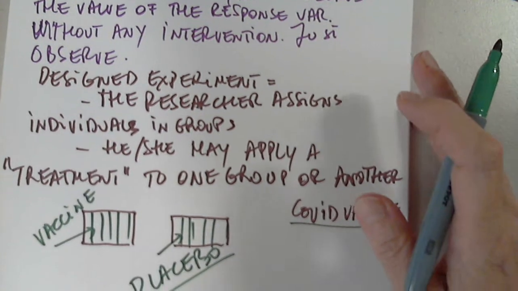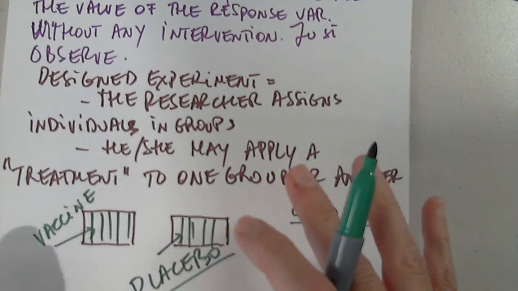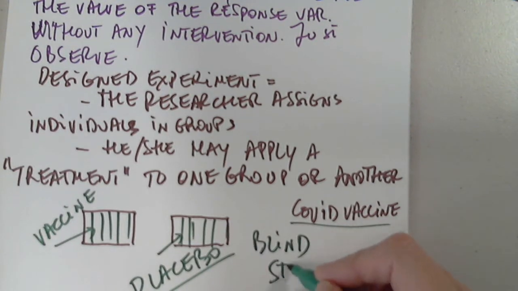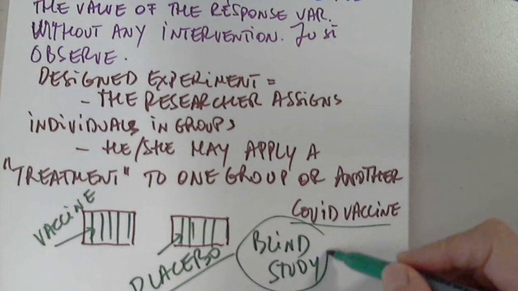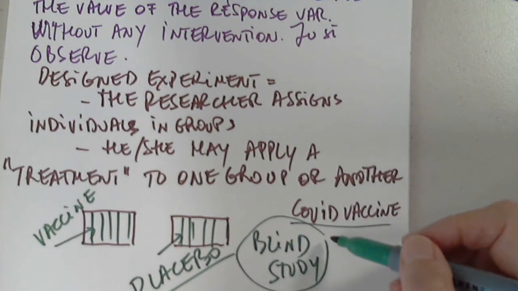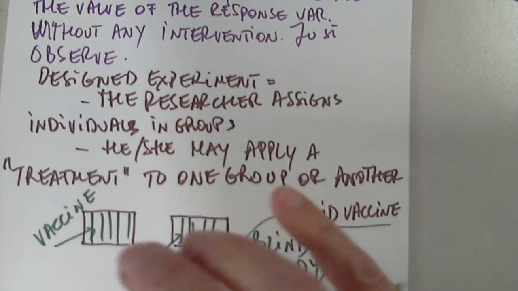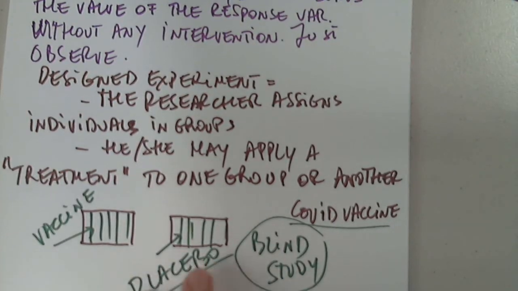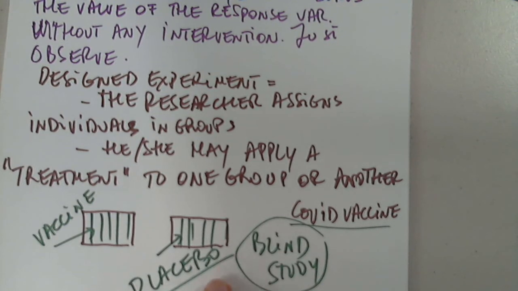We are not trying to lie to them, but we need to study, and we don't want to tell them, it's a blind study. Sometimes the researcher, to avoid bias, is not told which group. He separates them into two groups, but he himself may not know which group is getting the vaccine and which group is not getting the vaccine.